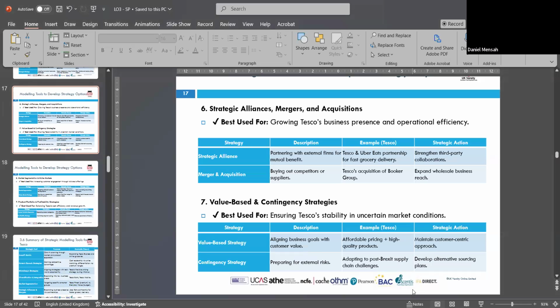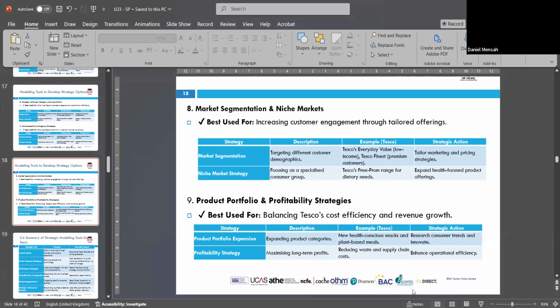So if we move to the next one, market segments and niche markets. These strategies are helpful to make an effective engagement with your customers, retain them, and increase their satisfaction. Market segmentation means you are dividing a broad market into smaller groups based on similar needs or demographics.